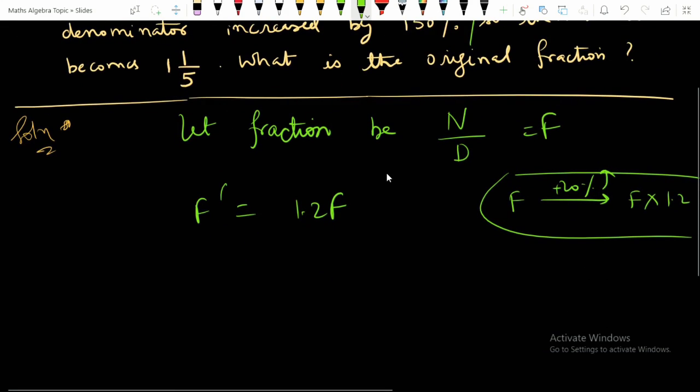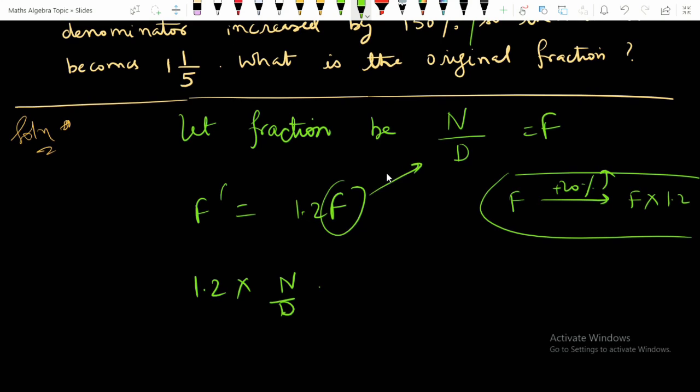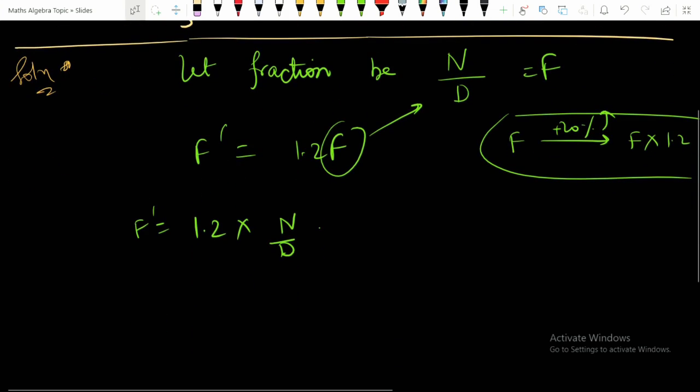So after increasing the fraction by 20 percentage, that is 1.2 into n by d, numerator by denominator. Then only we can say that the new f is 20% increased.